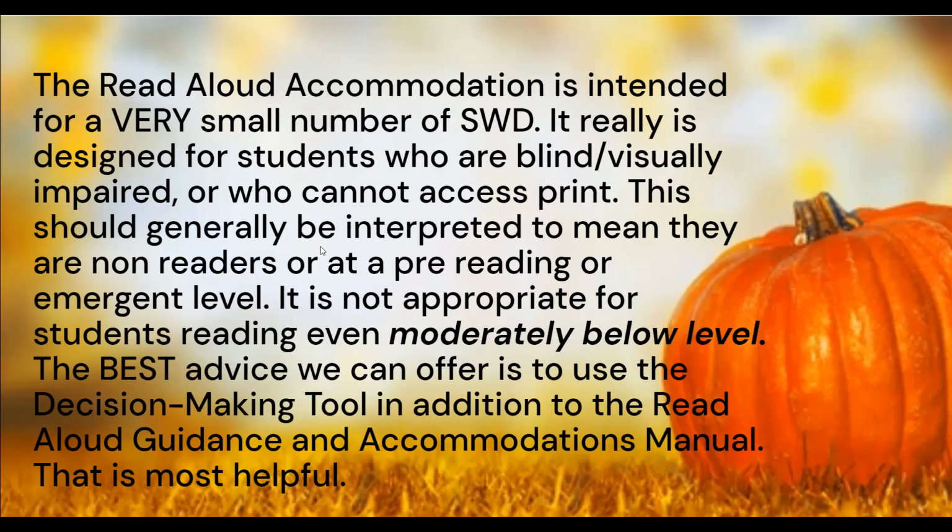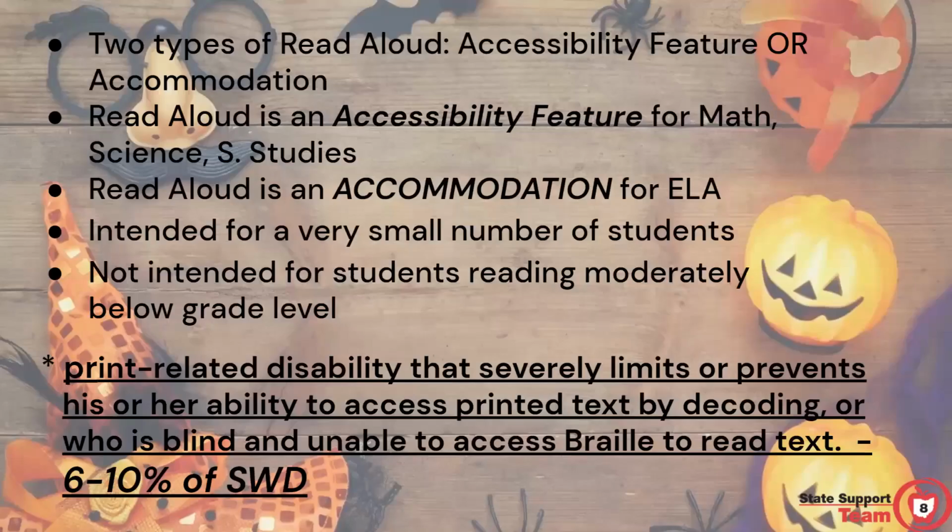Exactly. And I don't think that's been the question in the past. I think it's more about making sure we're really providing read alouds for the students that have the most significant needs: blind, visually impaired. It's not just a couple grade levels below the grade that they're in. Right.